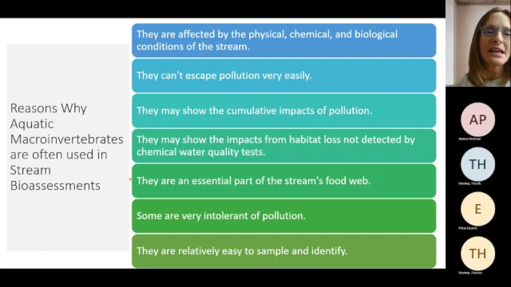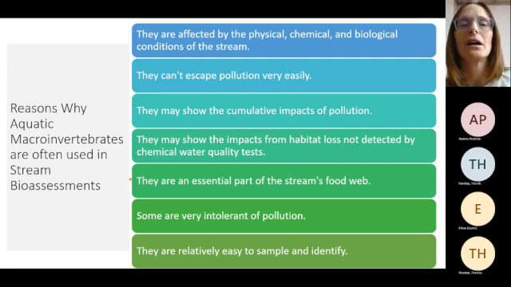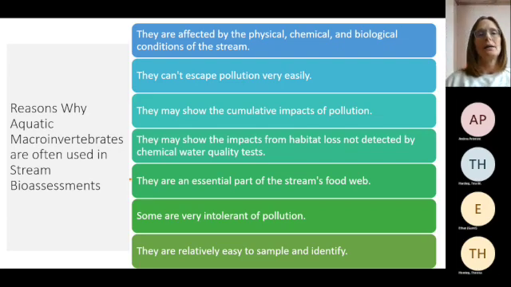The second reason is they can't escape pollution very easily, especially if they're fully aquatic or if they are a larva. They don't move a whole lot. So even if those larvae do eventually become adults that can fly away, they're stuck in the water, and if you're a small bug, you don't walk too far away, unless you were carried away, I suppose, by currents.